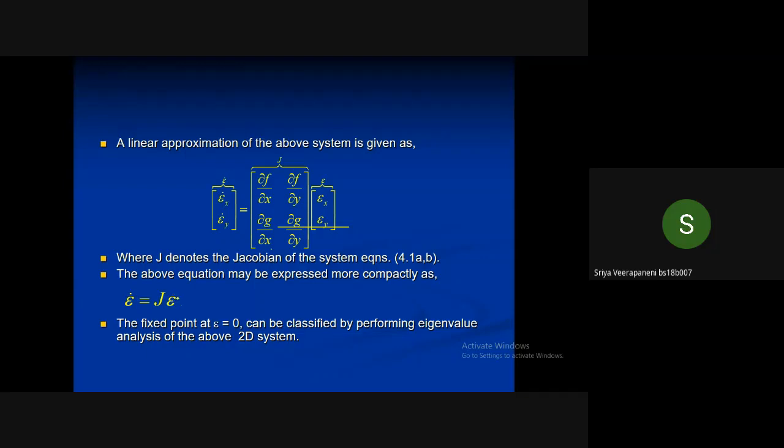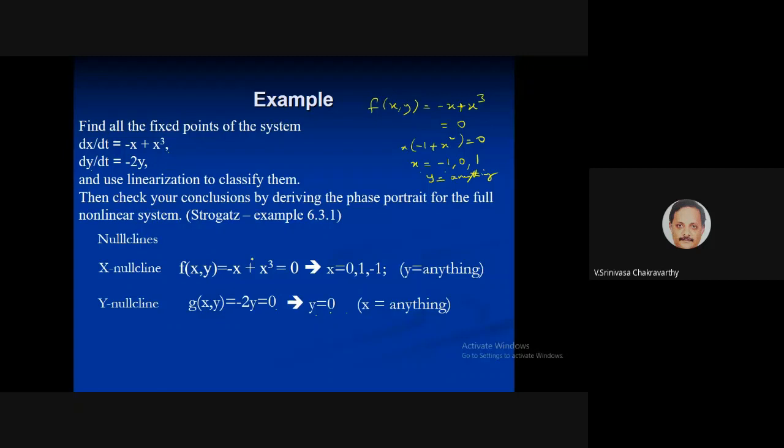Once you find the linear expression, yeah, eigenvalues of the Jacobian, very good. You find the eigenvalues of the Jacobian. If there are any positive eigenvalues, or even if they're complex but have positive real parts, then it is unstable. Like that, you classify the fixed point and get the flow around the fixed point, and then you can extrapolate that.